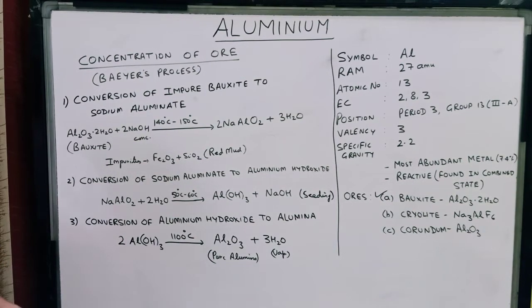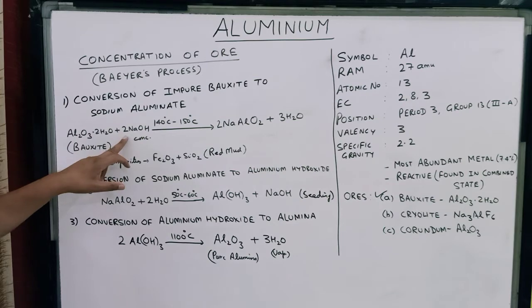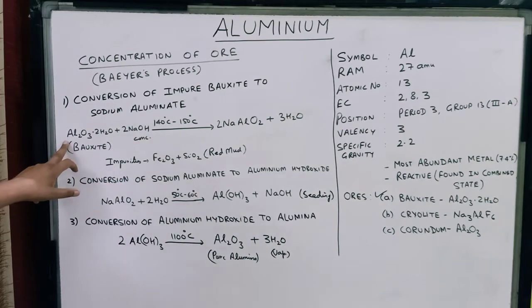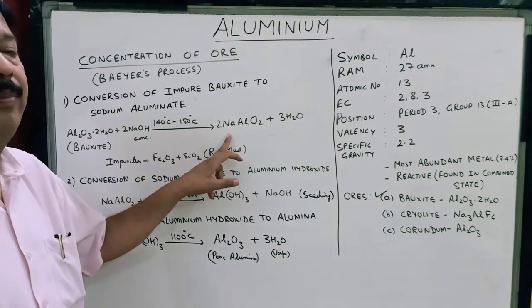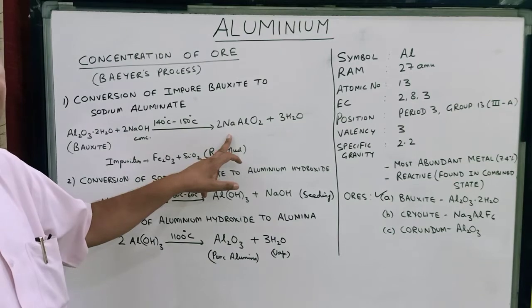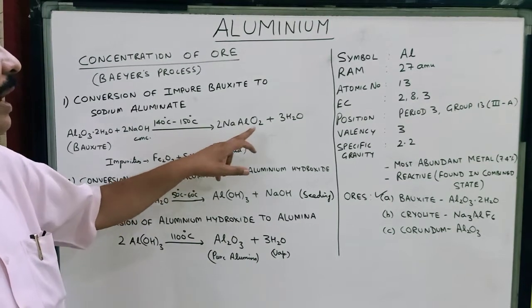Amphoteric oxide, I have told you, has the property of both basic and acidic oxides. So since it is an amphoteric oxide, it may react with an alkali. So we react it with concentrated NaOH, and it reacts to form a compound called sodium aluminate, and water is released.